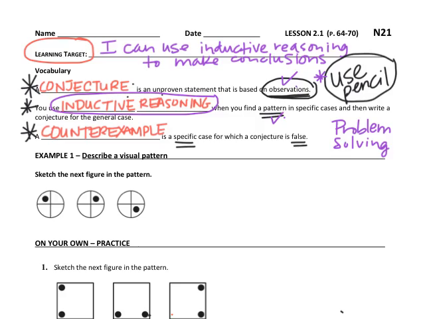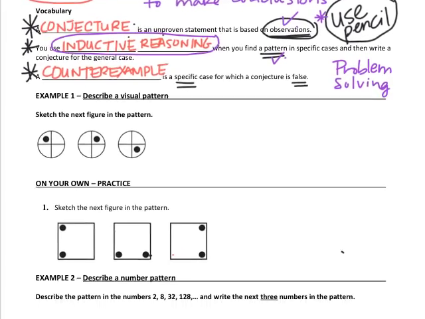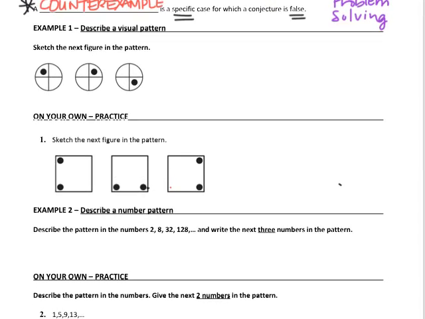All right, let's take a look at this first example. It says to describe a visual pattern. If you're looking at the pattern here, notice that the dot is in the upper left, then it's in the upper right of the 4 squares, then it's in the lower right of the 4 squares, and our directions say sketch the next figure in the pattern.